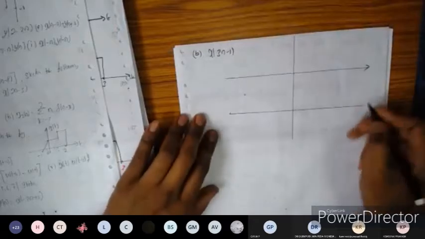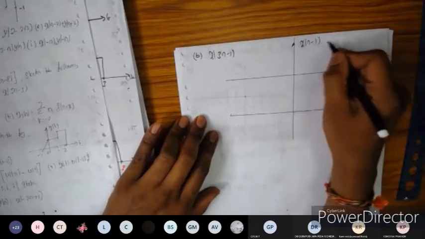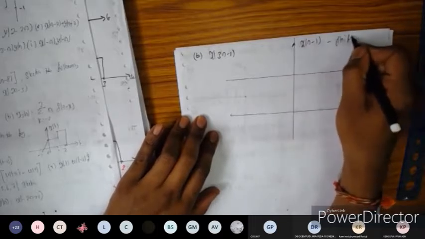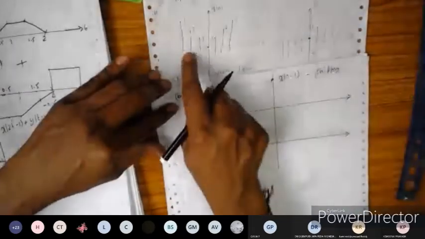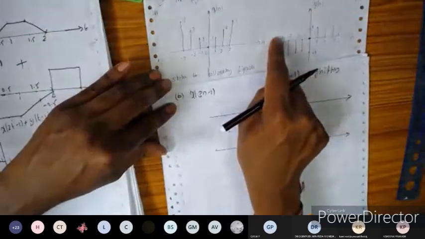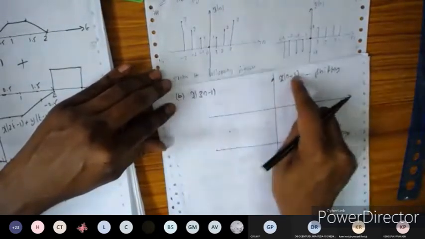Two boxes I need here. First let us perform the shifting operation here. The waveform I have taken for reference is here. So x of n minus 1 means the signal has to be shifted towards the right side by 1 unit. It extends from minus 3 to plus 3. When I add the value of 1 to everything here, minus 3 plus 1 will become minus 2.